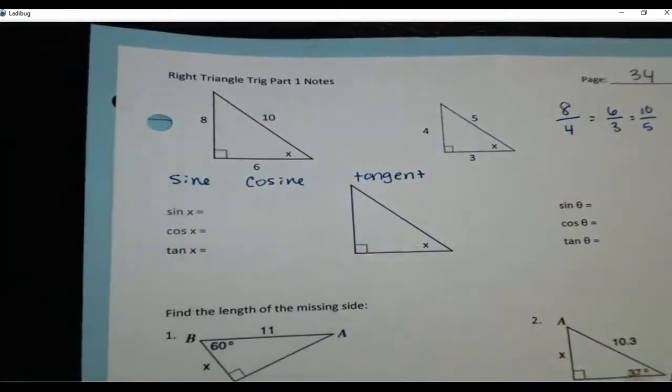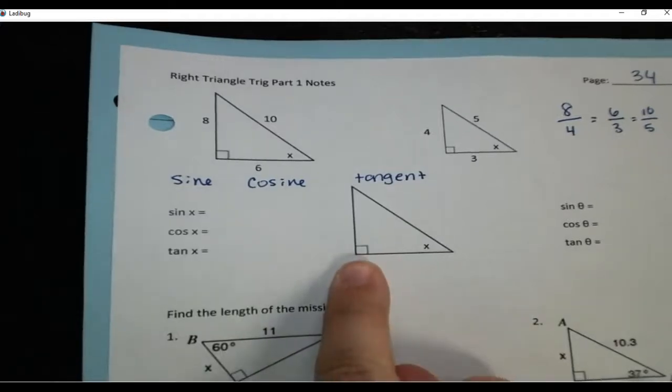So what you do when you are trying to decide which one to use is you label your triangle. We're going to take our highlighters and we're going to highlight the angle that it gives us. You never highlight the right angle.